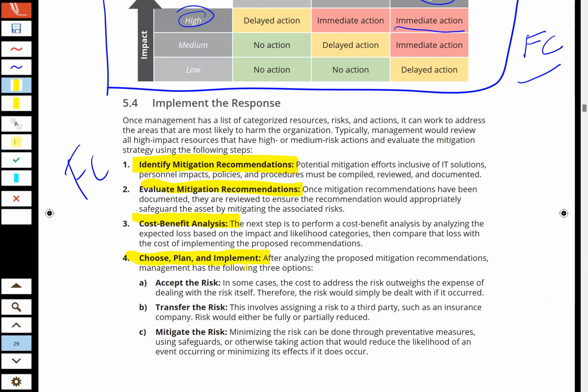And notice, guys, we start getting into our risk management stuff that we talked about in an earlier chapter, which is what? Accept the risk, transfer the risk, maybe getting some sort of insurance, or mitigate the risk, put something in place that will reduce the likelihood of the event occurring. Okay, so go ahead and flashcard 1, 2, 3, 4, and then choose, plan, and implement. And what are the different things that we can do? We can accept the risk, transfer the risk, or mitigate the risk.